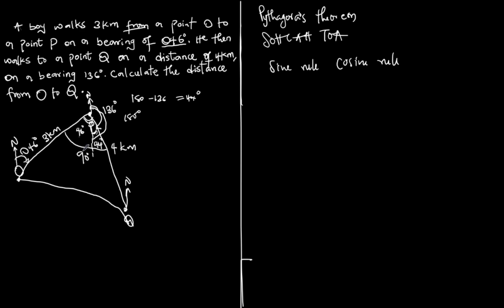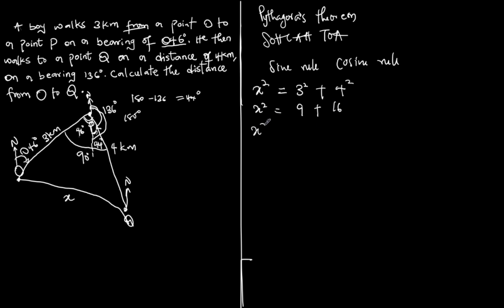Now, this is a right angle triangle. Then we use Pythagoras rule to find this side. Let's call it x. The side facing the perpendicular angle is the longest side. And Pythagoras theorem states that if I take the square of the longest side, which is x now, it is equal to the sum of the squares of the two other sides. That is 3 squared plus 4 squared. So x squared is equal to 3 squared, which is 9, plus 4 squared, which is 16.